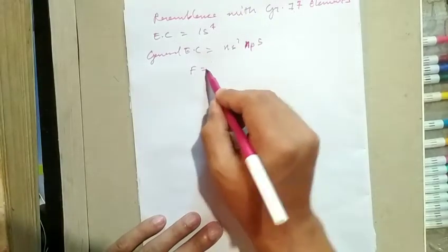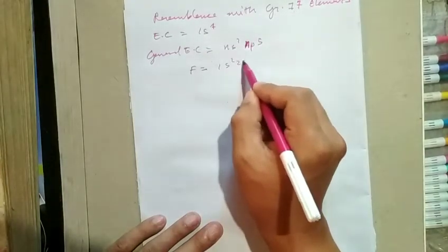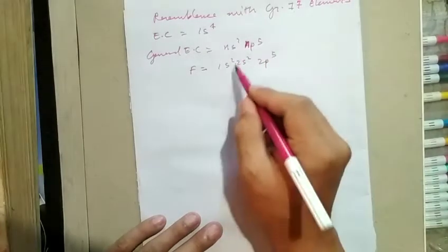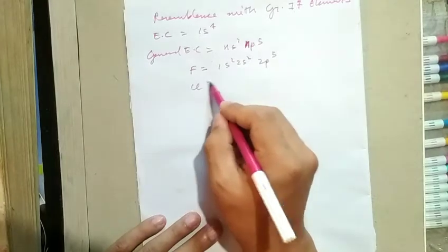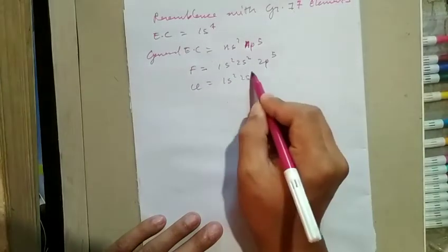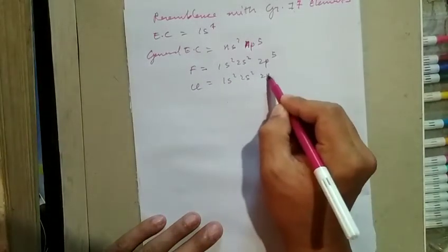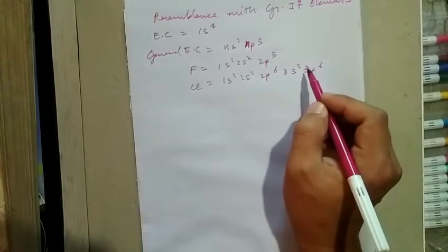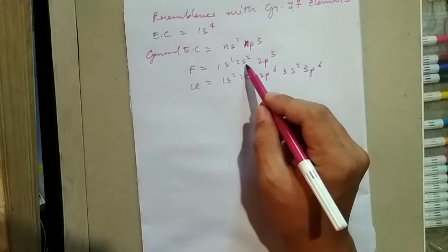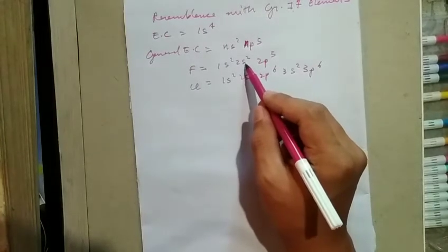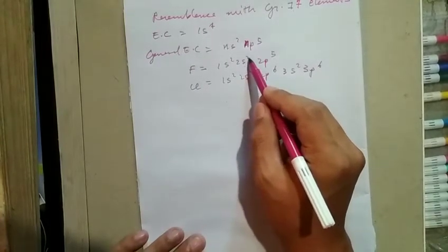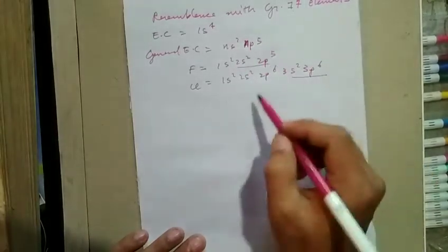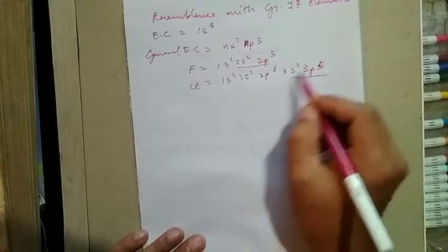Let's see for fluorine: 1s2, 2s2, 2p5. Chlorine: 1s2, 2s2, 2p6, 3s2, 3p5. So in the outermost shell the configuration is ns2 np5.